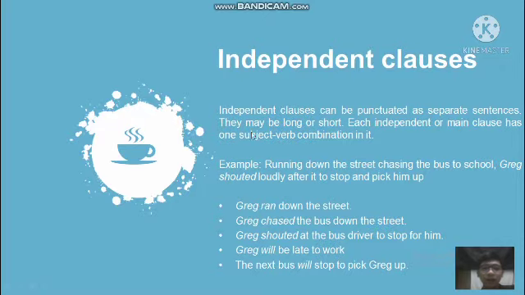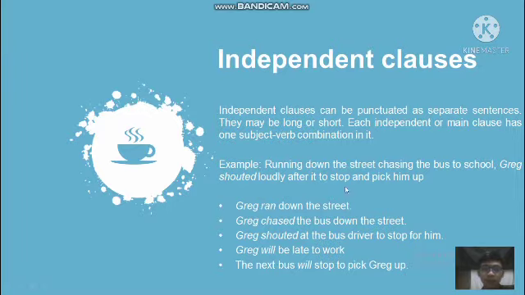So, what is that? The one subject-main verb is Greg shouted. Other verb forms in this sentence are chasing, to stop, and pick him up.